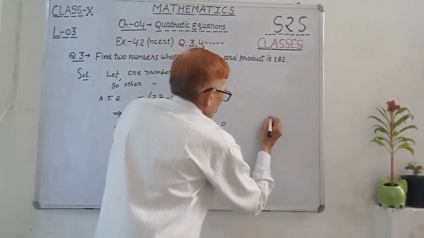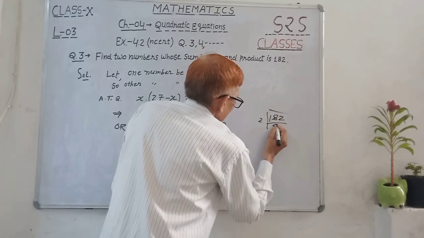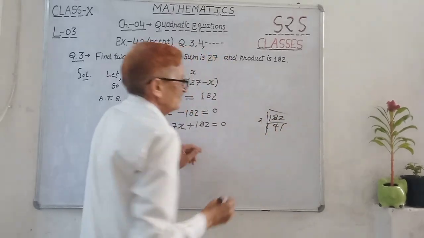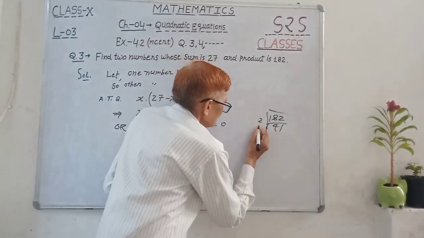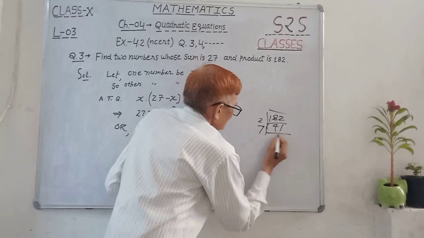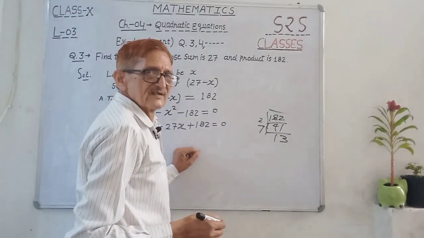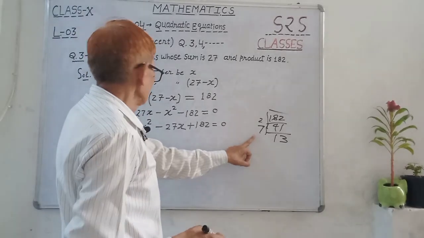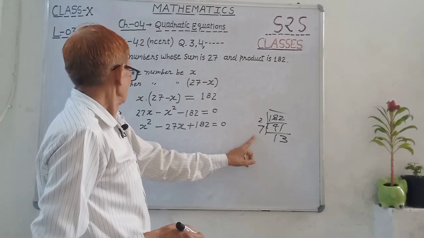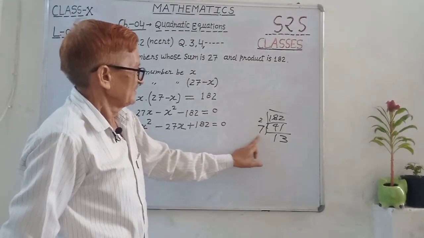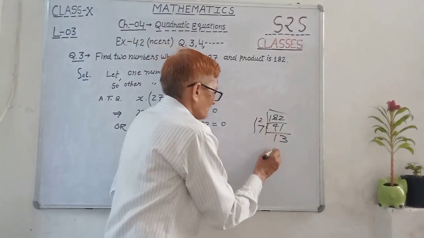Okay, 182. In rough work, we can factorize: 7 times 26 is 182, and 13 times 2 is 26, 7 times 2 is 14 and 13. Two numbers you have to make from this.